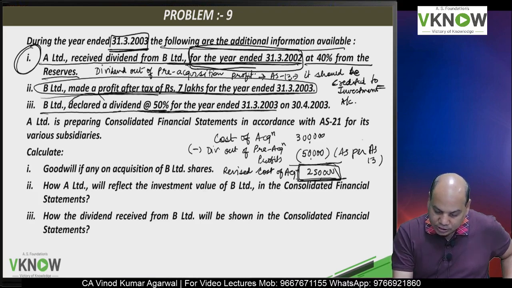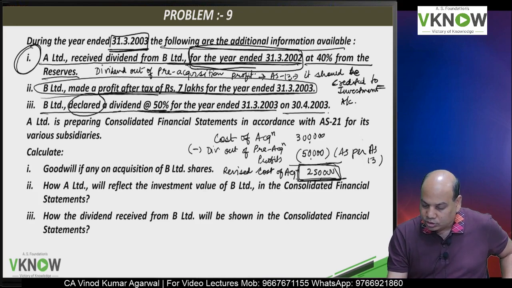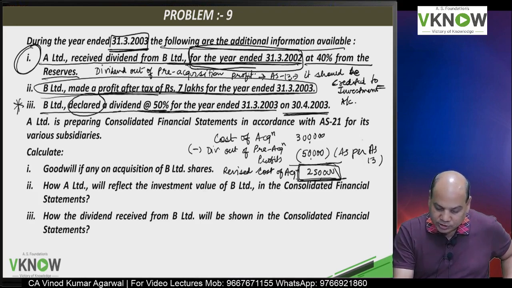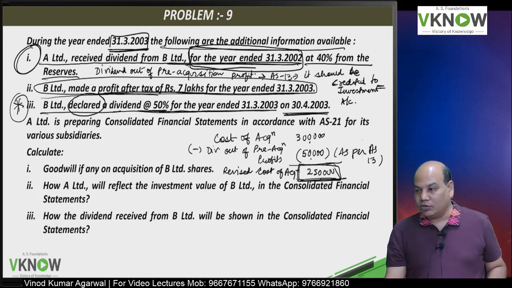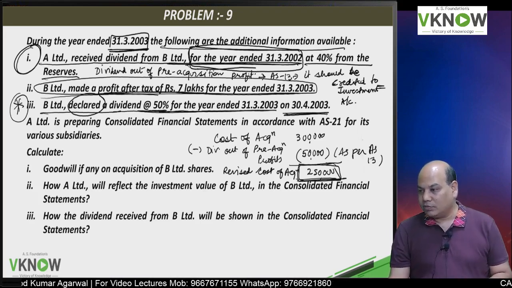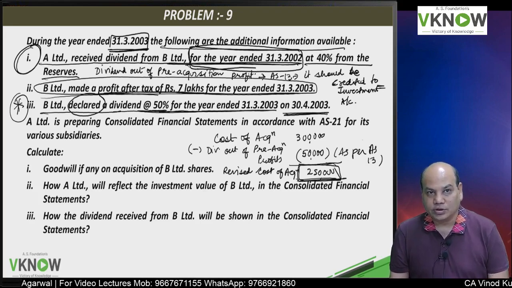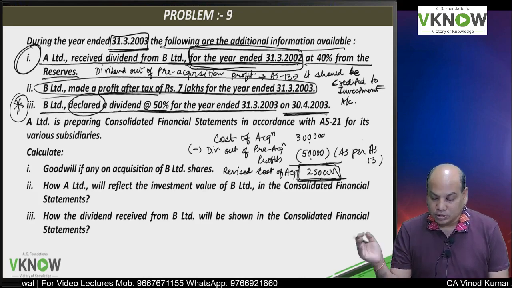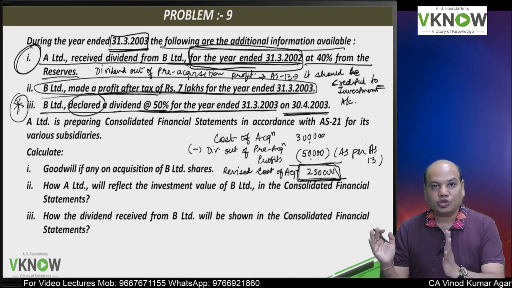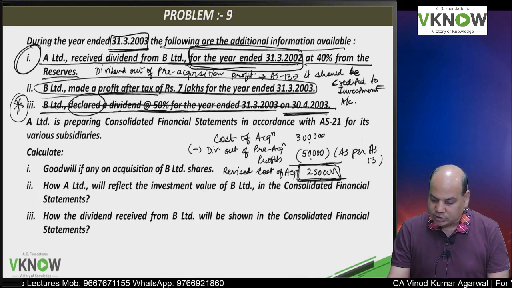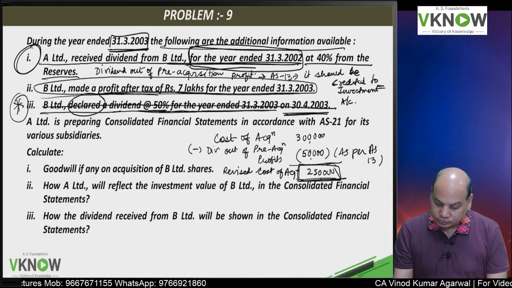It is declared, not paid, on 30th April 2003. This will not be adjusted because dividend is only declared, but dividend was not paid by 31st March 2003. Dividend was paid on 30th April. So proposed dividend is not adjusted. This will not be adjusted.